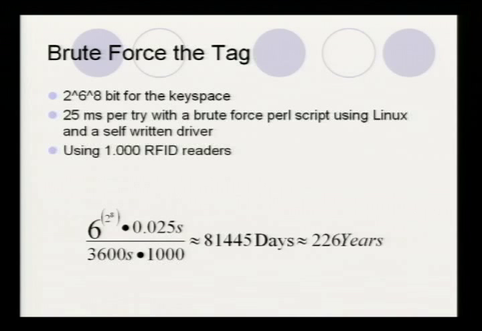The second idea was: what happens if we cluster it and run 1,000 RFID readers? These tags are quite popular in cafeterias at universities, so it should not be a problem. They all have one shared secret, one shared key. To get 1,000 of these readers, every student would run an RFID reader, but we still have 226 years. So let's find a different way to get this information.